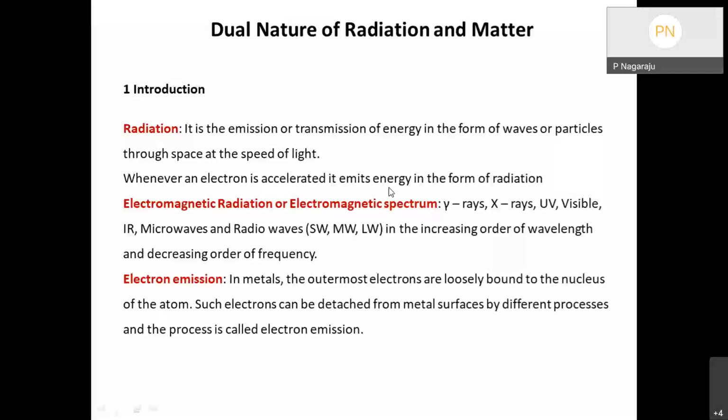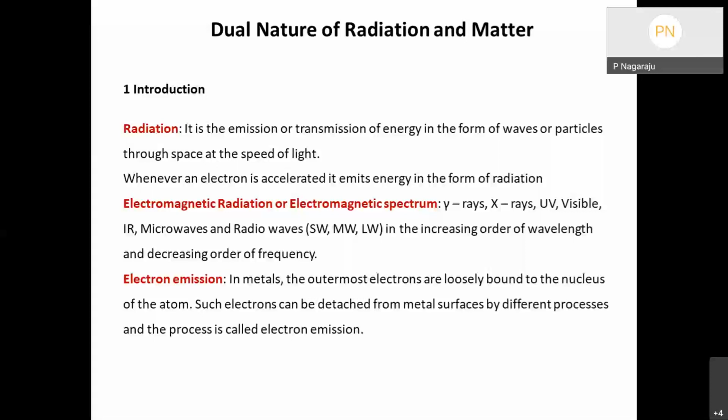So first of all, we should understand what that electromagnetic radiation or electromagnetic spectrum is. I am not going to give you the chart of that electromagnetic spectrum. I just mention what are the components of the electromagnetic spectrum.